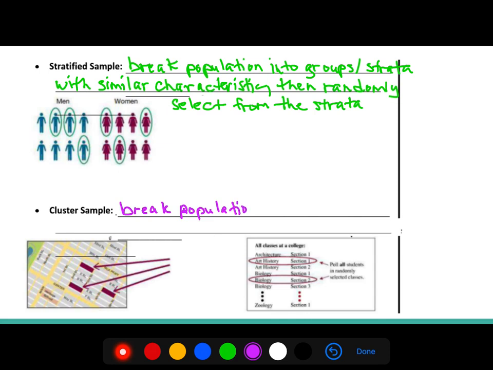Now that looks a lot like the next one, which is the cluster sample. We're still going to break up the population, and we're going to break them into groups or clusters.